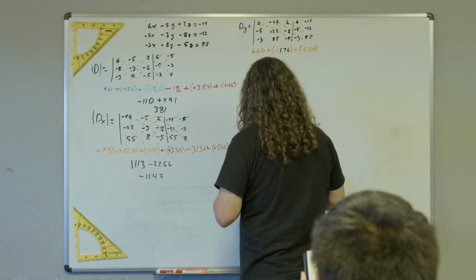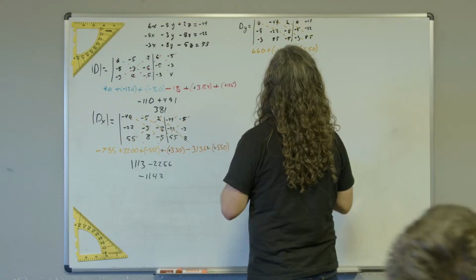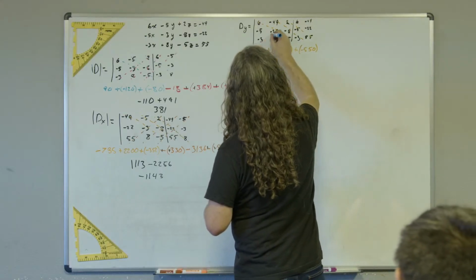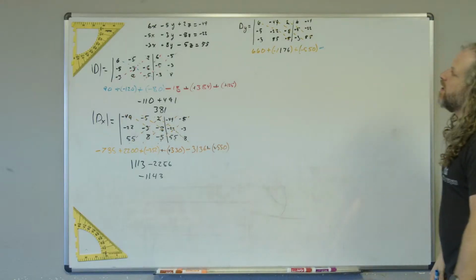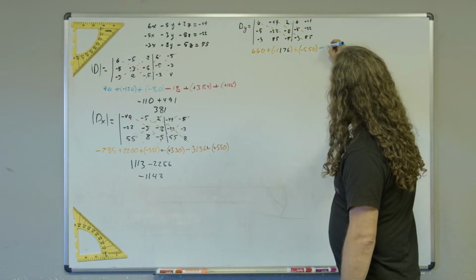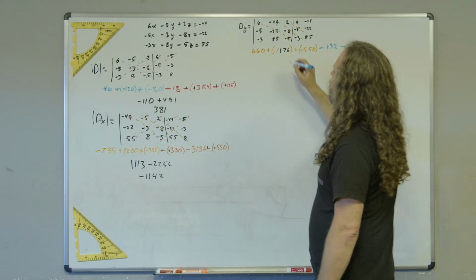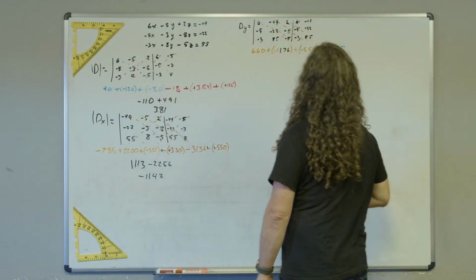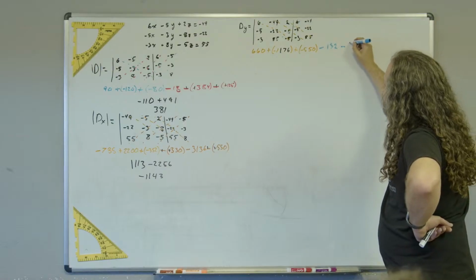Okay. Minus negative 3 times negative 22 times 2. Positive 132. Minus 55 times negative 8 times 6. 2,640.